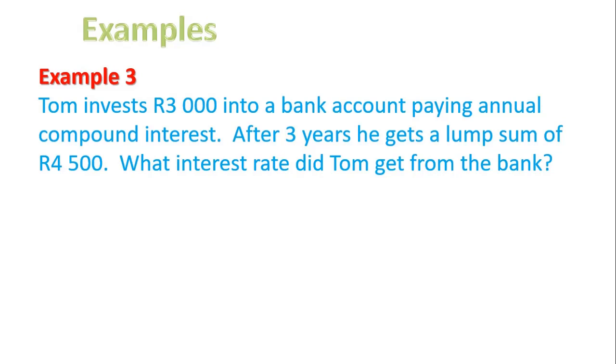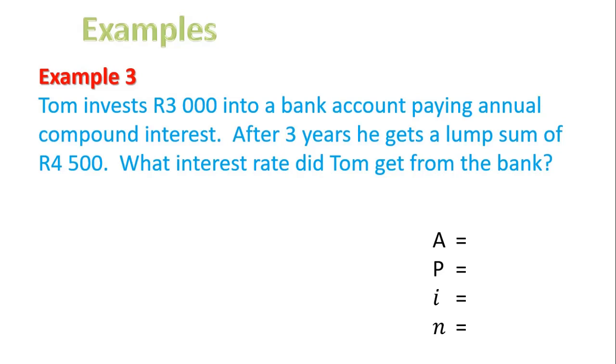So, again, our start off is the same. A equals, P equals, I equals, and N equals. Now we look for 3 out of the 4. My A, remember, is the finishing amount. Towards the end of the question, it says after 3 years he gets a lump sum of 4,500.